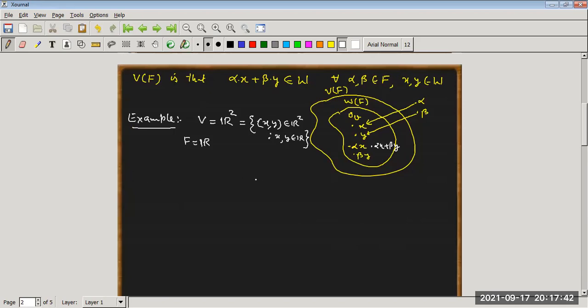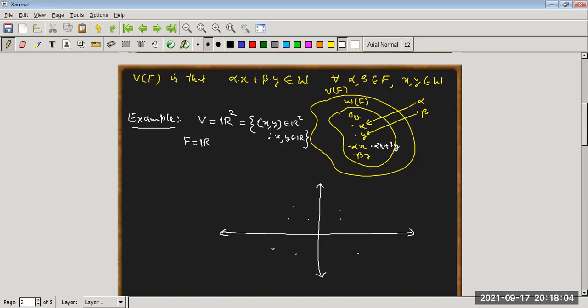Now if we think how we can picturize this, this is our R2. This is the whole R2. We can take any two elements in R2, and it satisfies all the properties of a vector space.